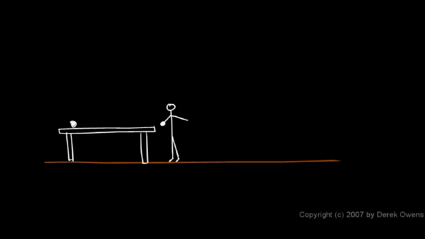And then you stand over here and you're going to give this object a shove, and it's going to go flying to the right, and when it gets to the edge of the table, it's going to start moving in a downward parabolic path like that.